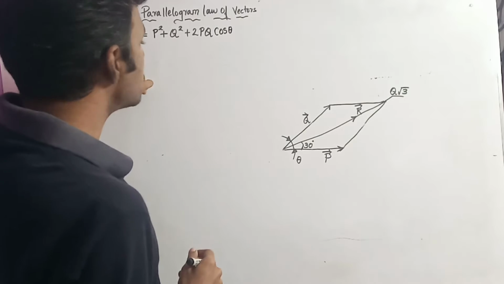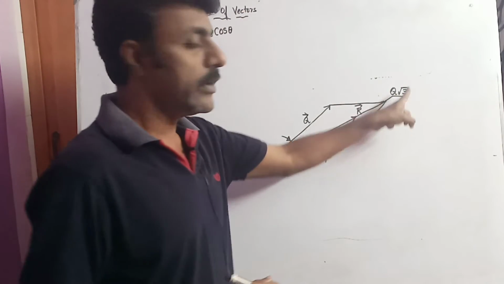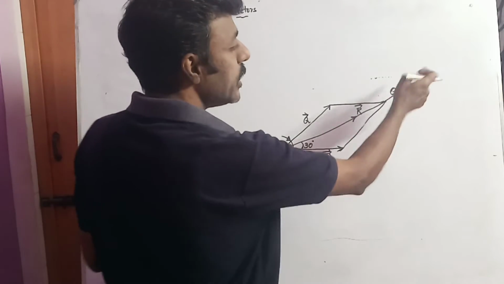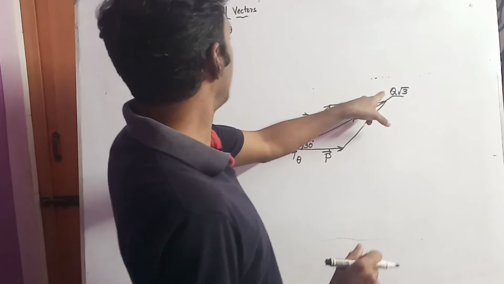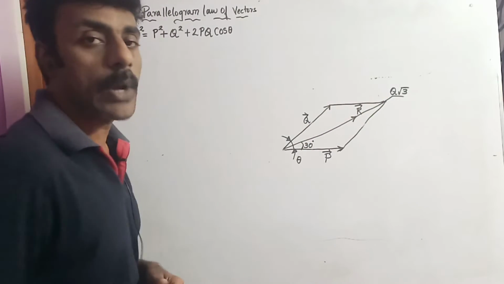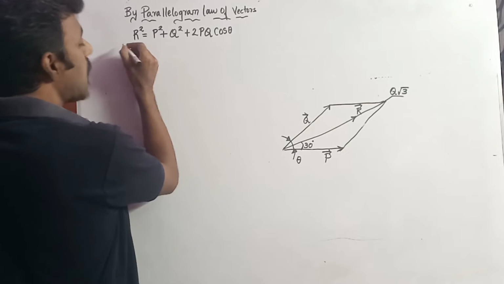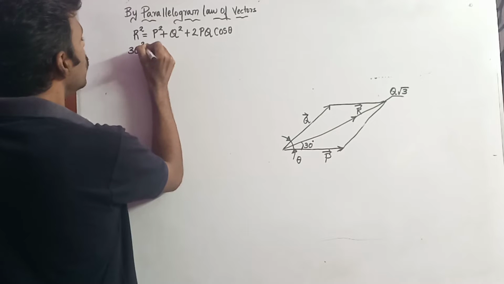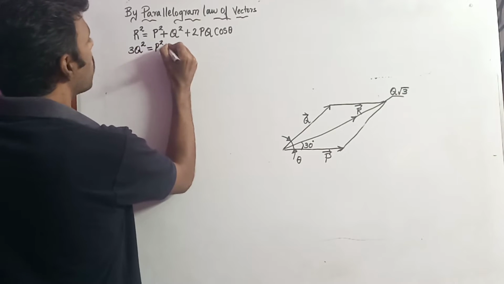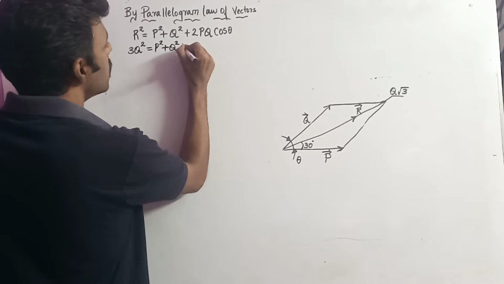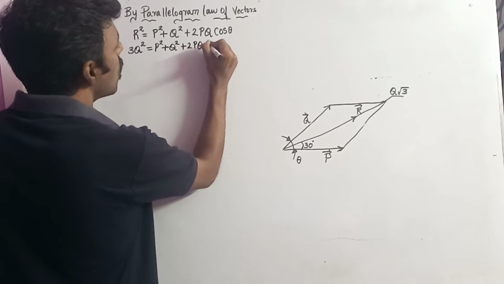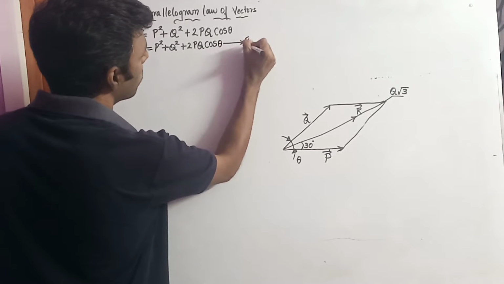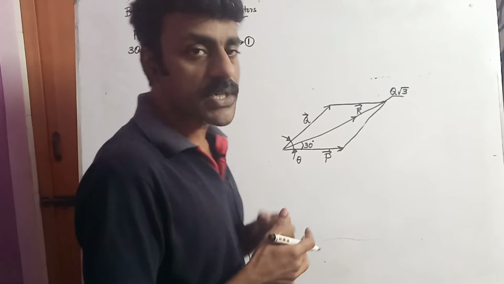Okay. So for us, they have given the value of R. So R is Q into root 3. So R squared will be root 3 into root 3, which is 3, and Q into Q will be Q squared. So R squared will be 3 into Q squared. 3 Q squared is equal to P squared plus Q squared plus 2 into PQ cos theta. Okay. So I am assuming that this is equation number 1.